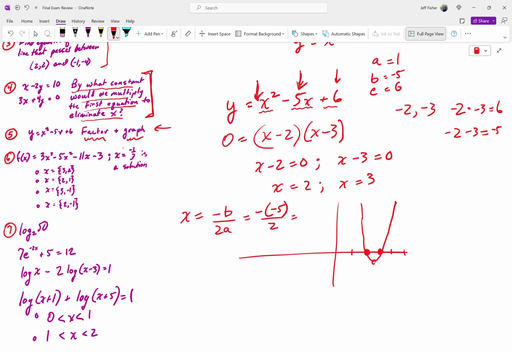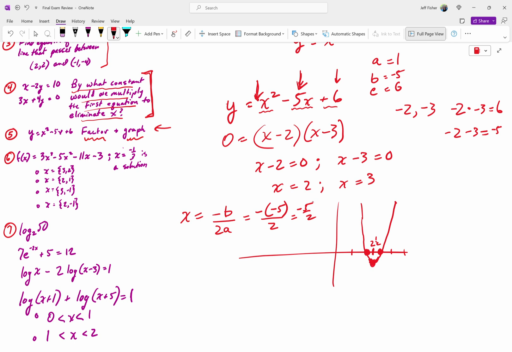So the x-coordinate of our vertex, which is the lowest point in this parabola, this guy down here, is going to be 5/2, which is 2.5. Excuse me, it's positive. Of course it's positive. This is 2.5.